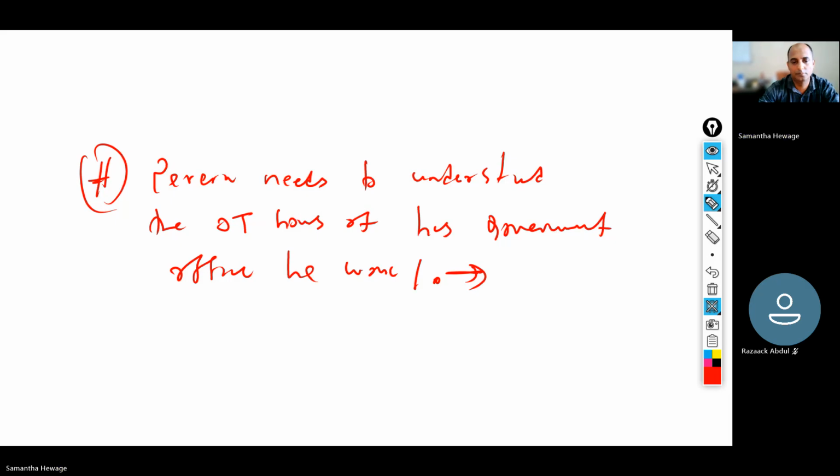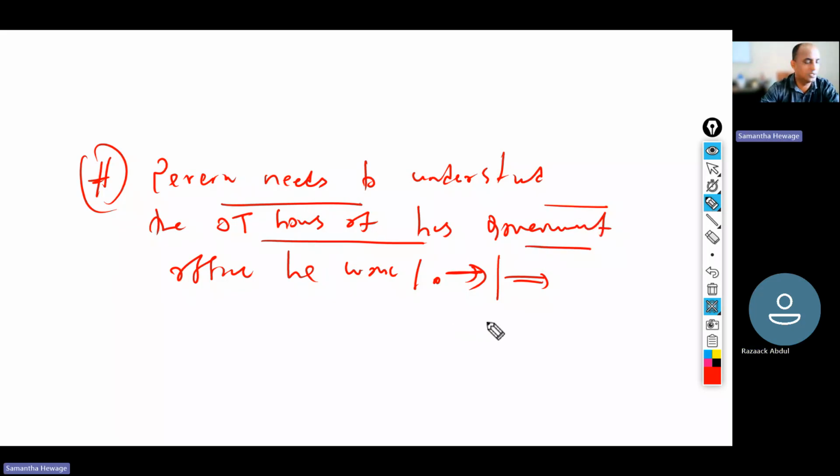What do you think? So what's the question? Pereira needs to understand the OT hours of his government office where he works. So he wants to get an idea about the OT hours, so it's government to employee. Yes. Government to employee. Correct.